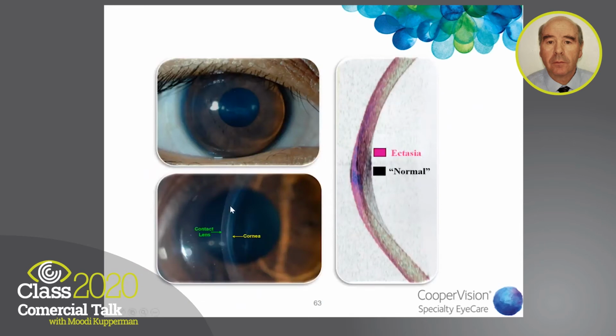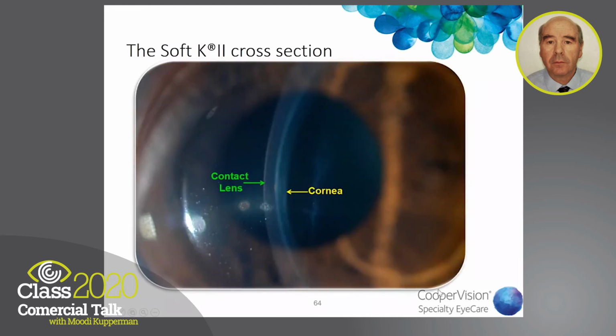And you can see here the cross section of the lenses on his eyes. Here it's bigger. You can see that the lens is lying on the apex and very, very stable. You see this line is very, very unique. And we can see the tear layer here in between. We will see later a fluorescein picture with these lenses.